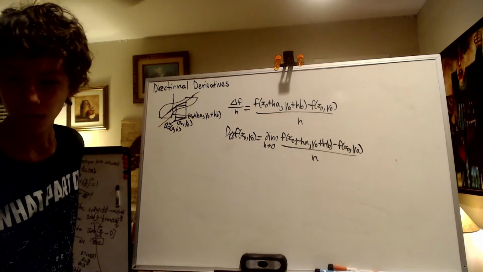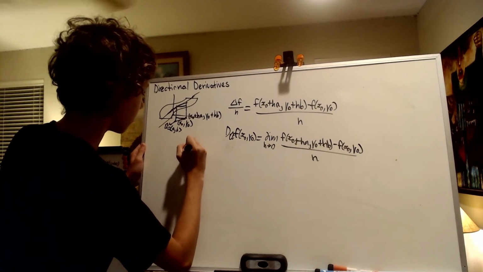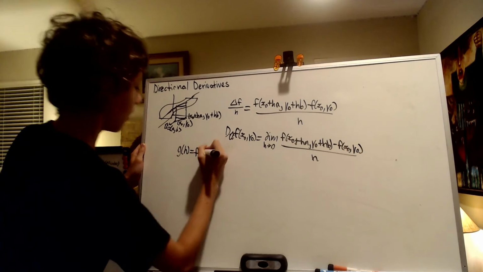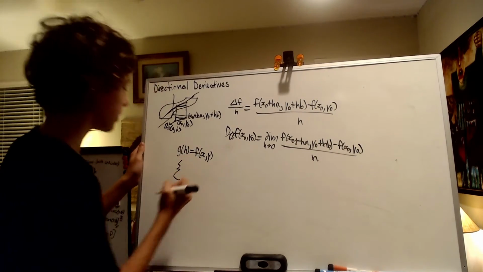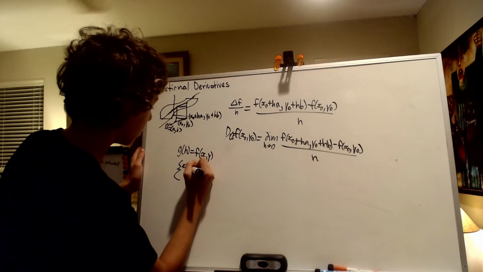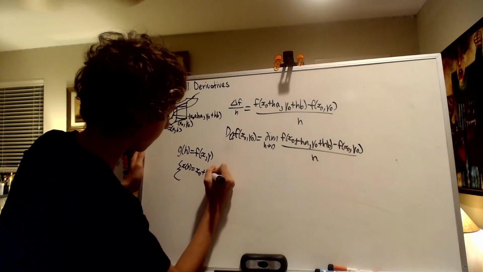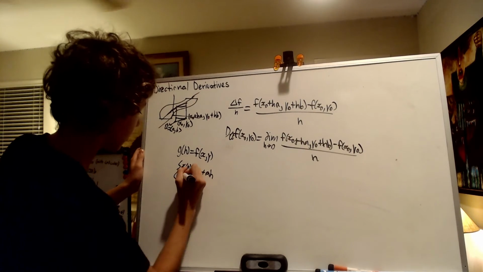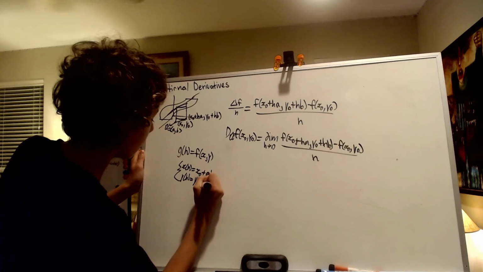So to begin, we'll consider the function g of h equal to f of x, y, such that our domain is defined by the line x of h, and this should look familiar, equal to x naught plus ah, and then y of h equal to y naught plus bh.